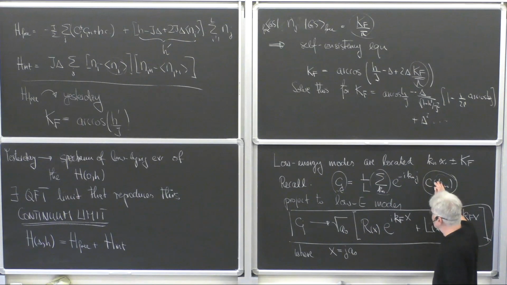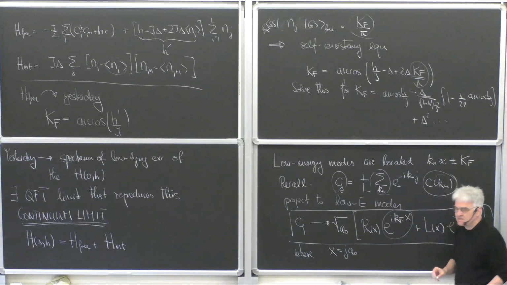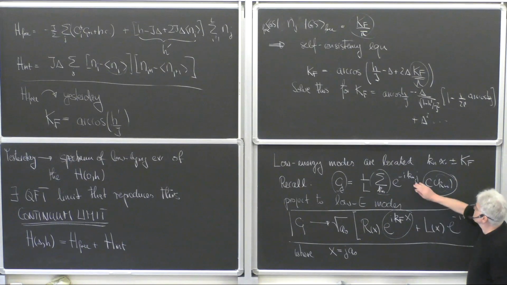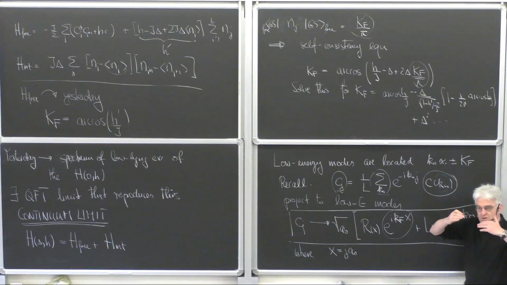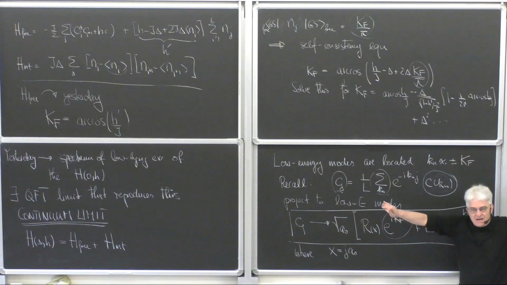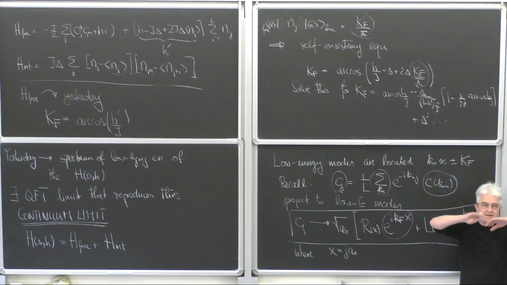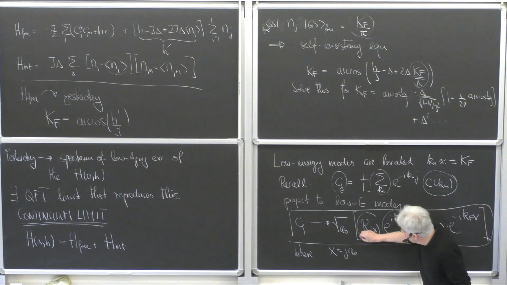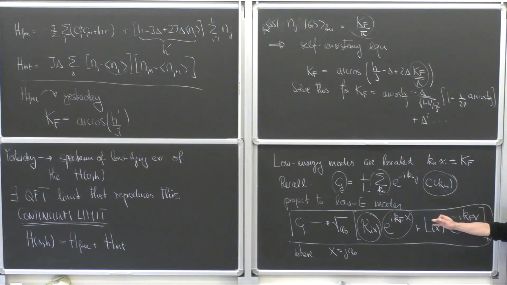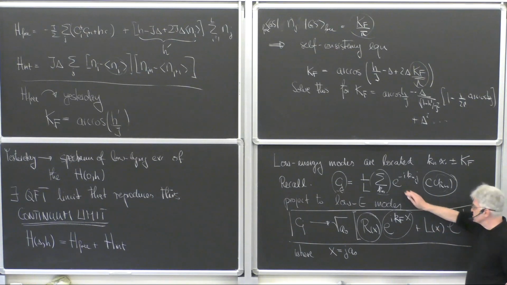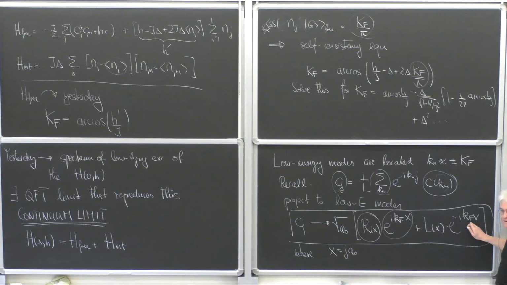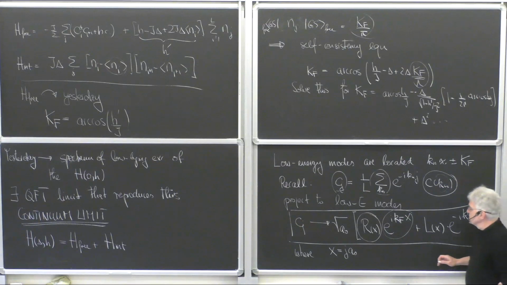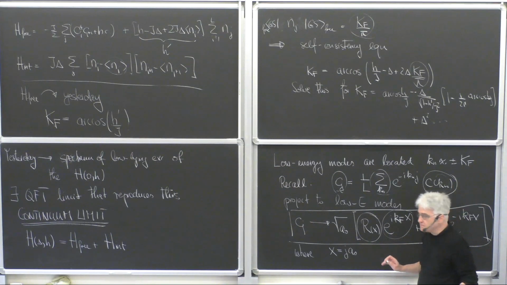When I do that, I get something on the right-hand side which always has this factor e to the i kf x, plus some small deviation from kf, because those are the low energy modes. But these describe smooth, long wavelength physics, and that I incorporate in this Fermi field. And so this is the other contribution, which is e to the minus i kf x.